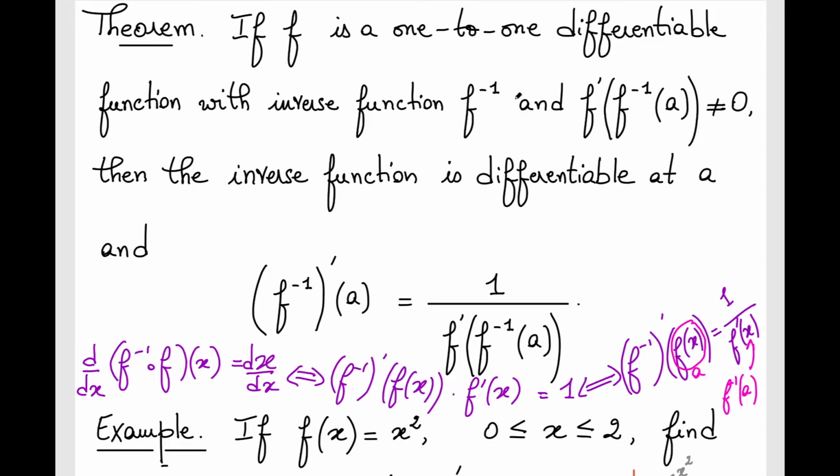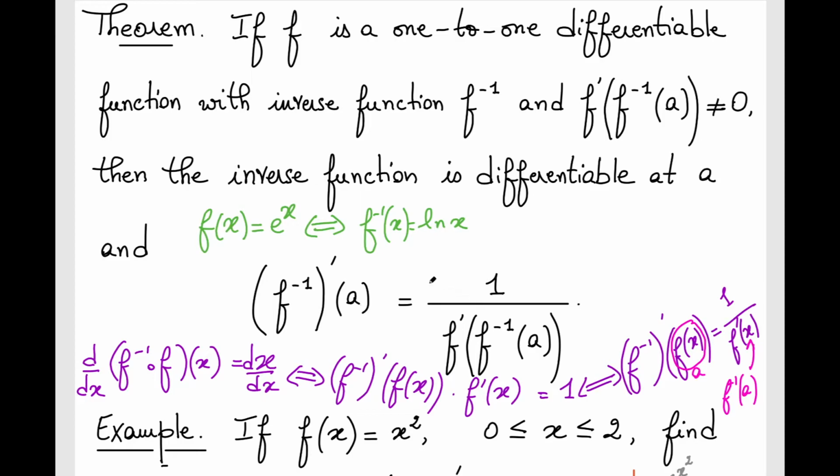And its inverse is log base e, right? So what do we get? If f of x is e to the x, that's the same as saying that f inverse of x is ln of x.